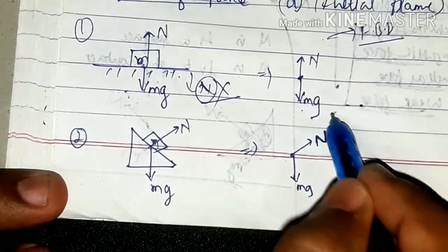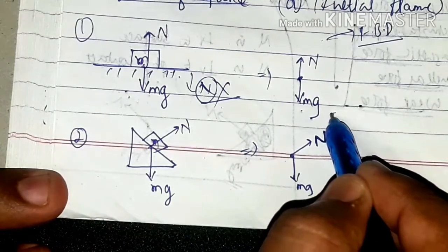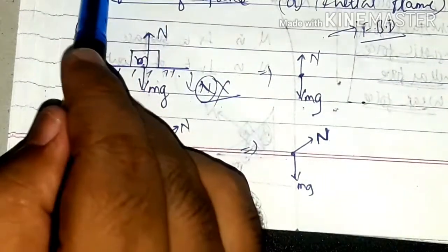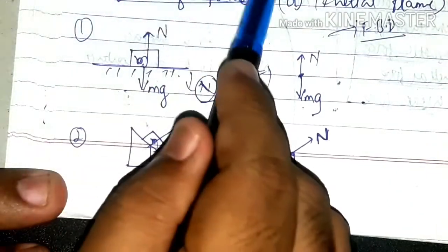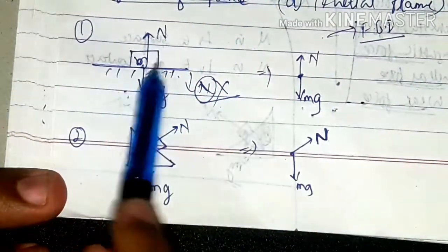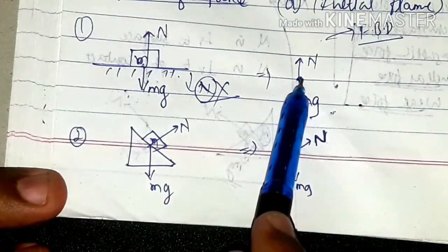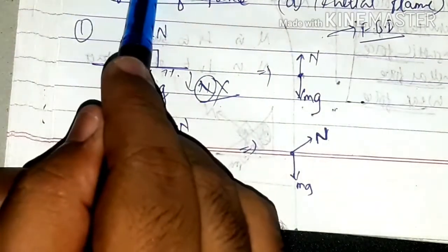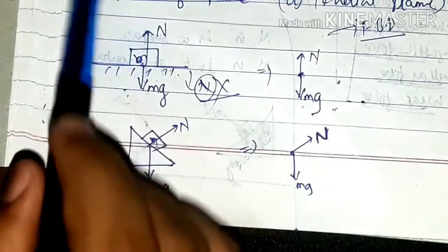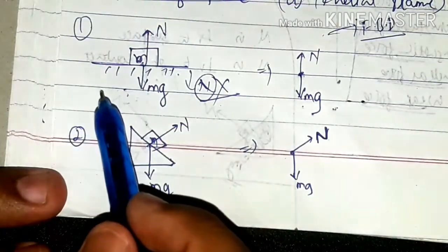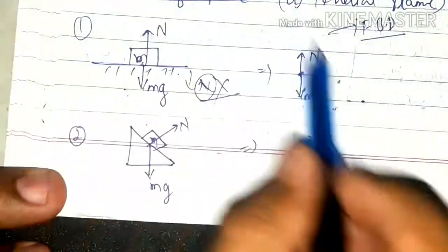Now let's go for the rules. What does the first rule say? First rule: consider the body as a point mass. This entire big mass I consider as a point mass. We need not draw the entire picture of that whole instrument or material as such. Just consider it as a point object.